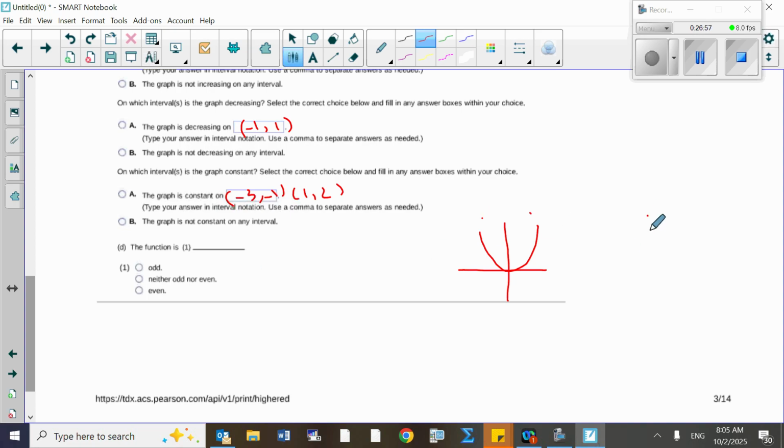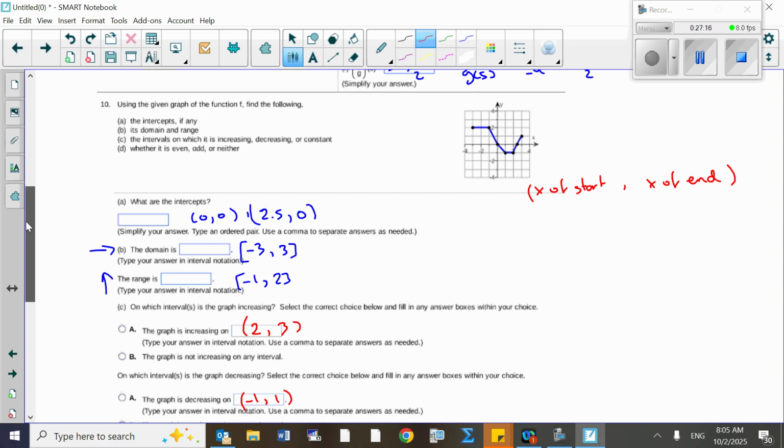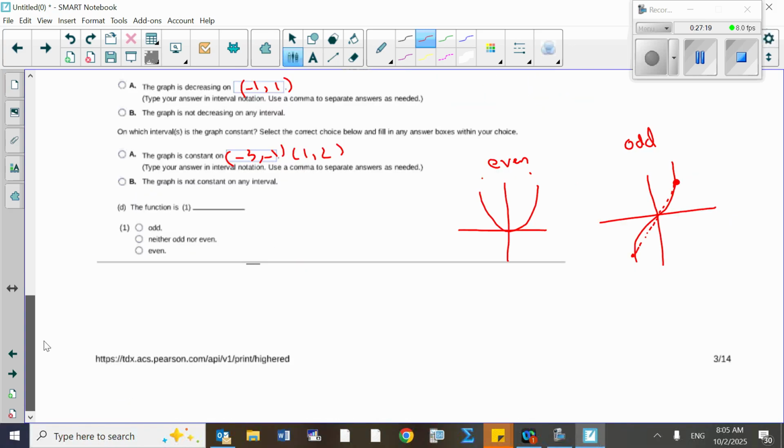So this is an even function. An odd function could be something like x to the power of 3, where the graph is symmetric to the origin. That means any point here has a mirror on the other side of the origin. So this is an odd function. As you see, we don't see any of these symmetries on our function, so it's neither of them.